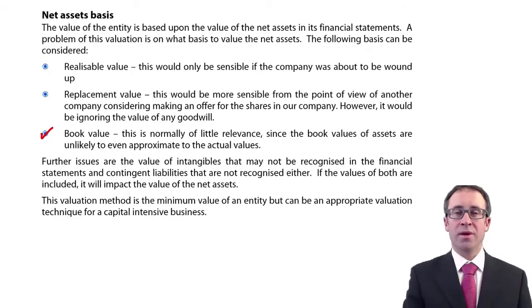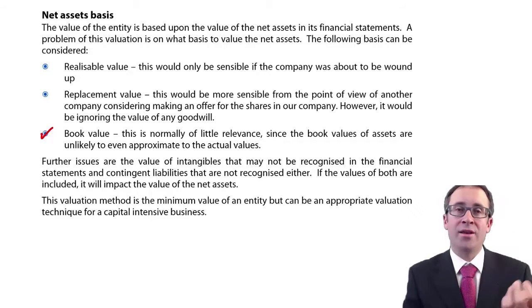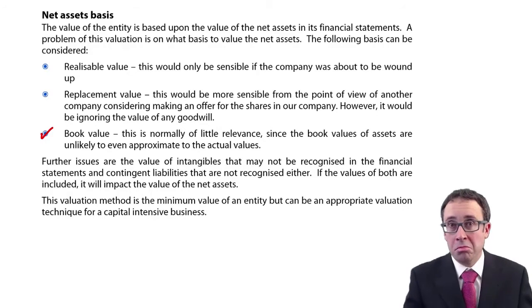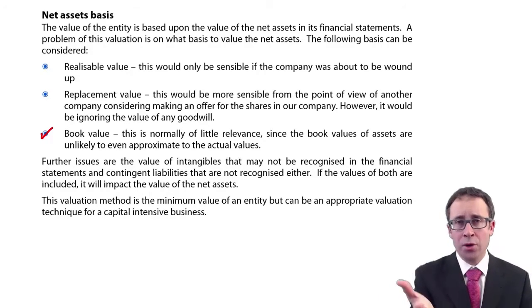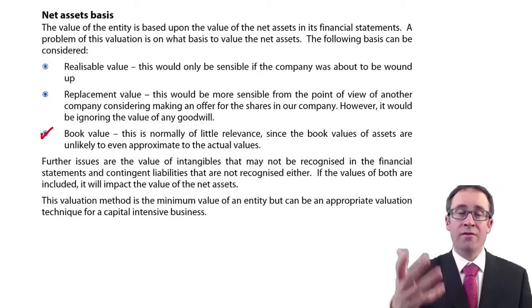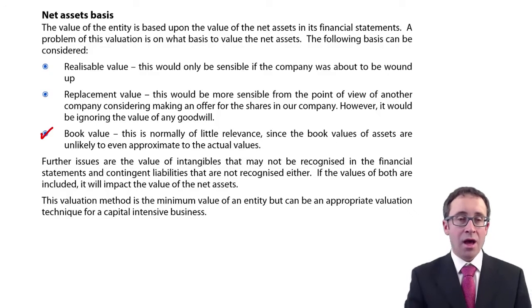But from a valuation perspective, you might want to apply a particular number so that you've got a value of the business in terms of the net assets. If you don't include that liability, the value of the net assets will be higher, and therefore you'll be paying a lot more for the business than what it's actually worth.